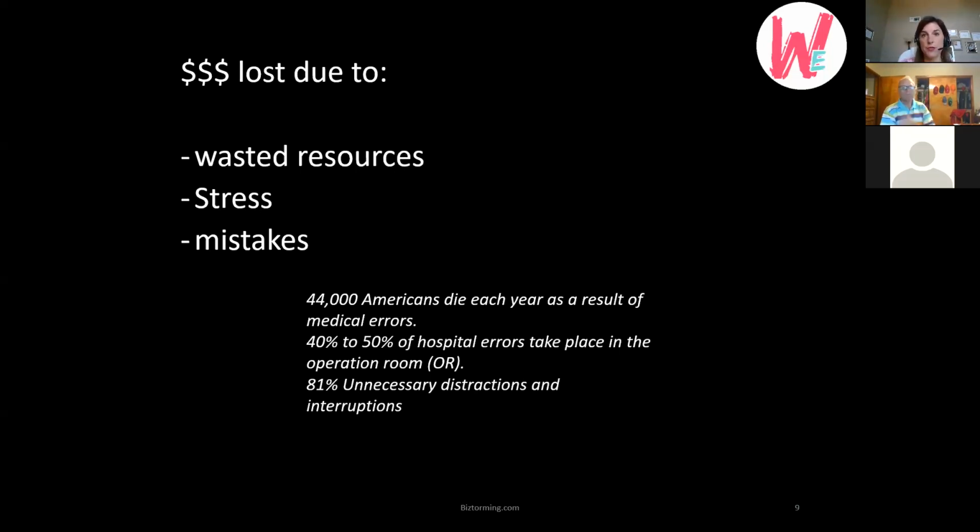You have wasted resources because sometimes you cannot find the right things, or sometimes, as we saw before, good products are mixed with bad products. Sometimes it's very easy to make mistakes. Sometimes you can throw away things that are good, or you can store things that are not needed.